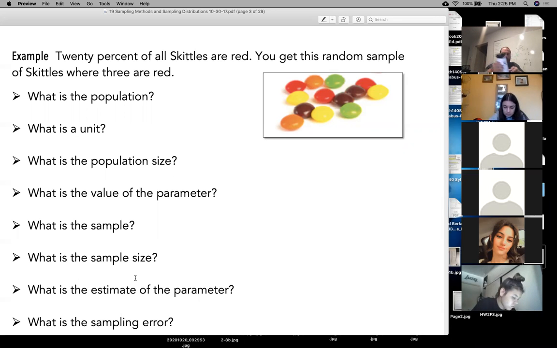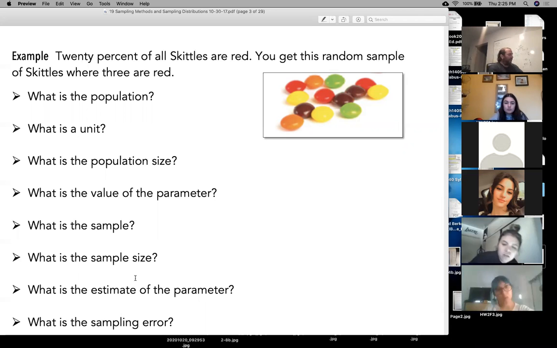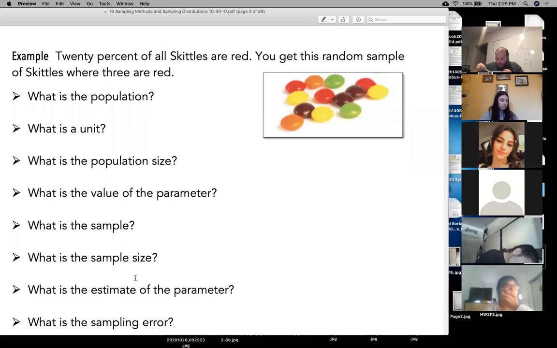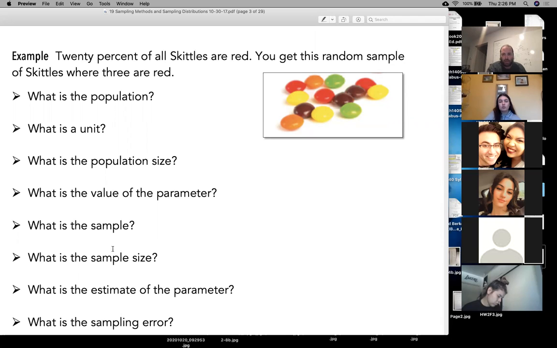So now that we have that, what is the sampling error? What's the formula on the previous page for the sampling error? Estimate minus the parameter. So what's the estimate? 20%?